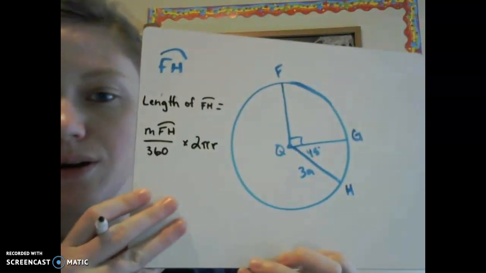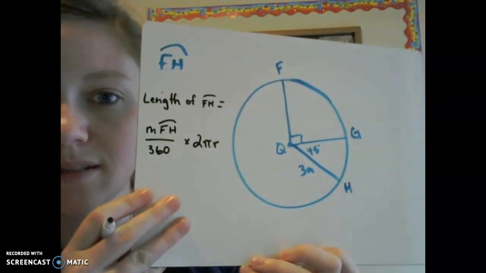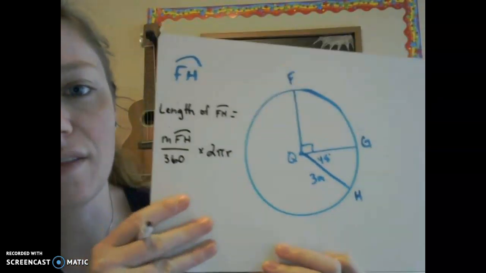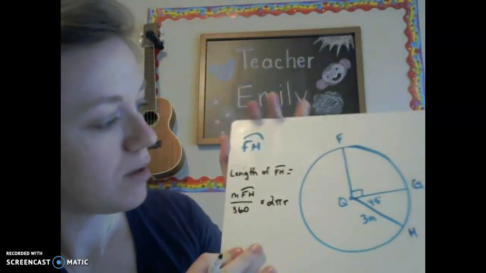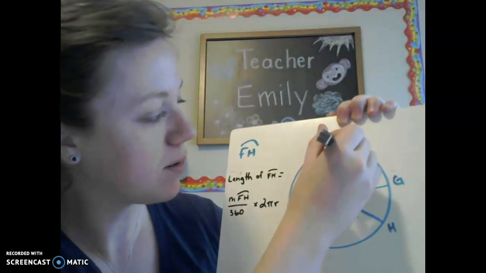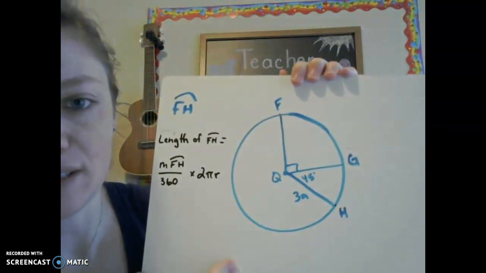Okay, and the last one I wanted to talk about for now is number 23. So you have a circle diagram, something like this, and it asks you to find the length of arc FH, which is from here around to here. So we need to find how long that is.